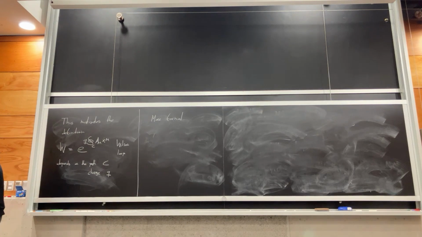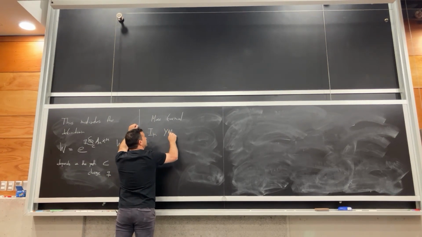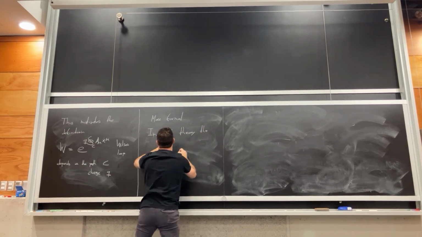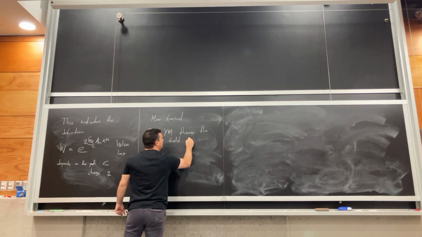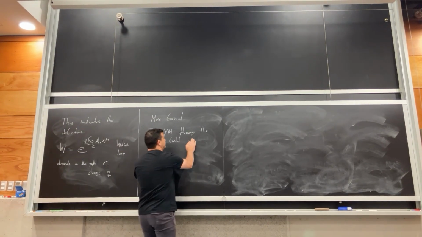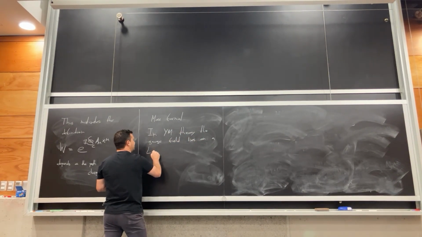But so in Yang-Mills, the gauge field lives on a Lie algebra, right?